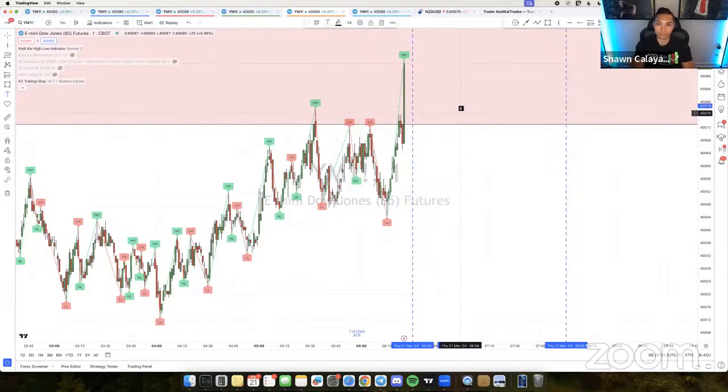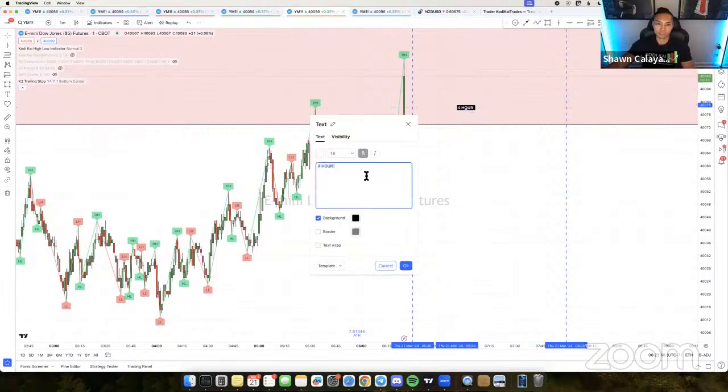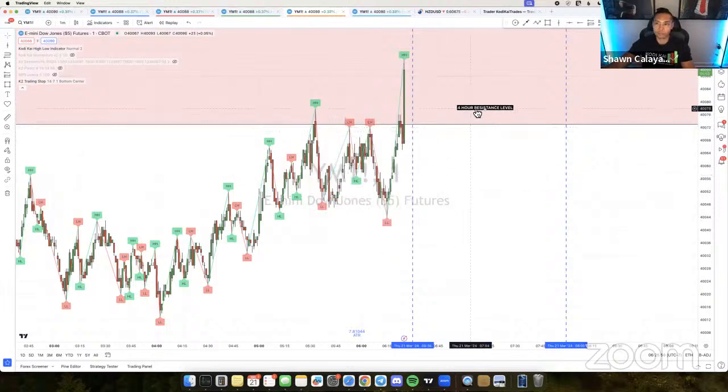So this is the 4 hour, every second someone's trying to join. It's all good. Let me try to open this up. The text button just isn't as intuitive as it used to be. All right, so this is the 4 hour resistance level right here.